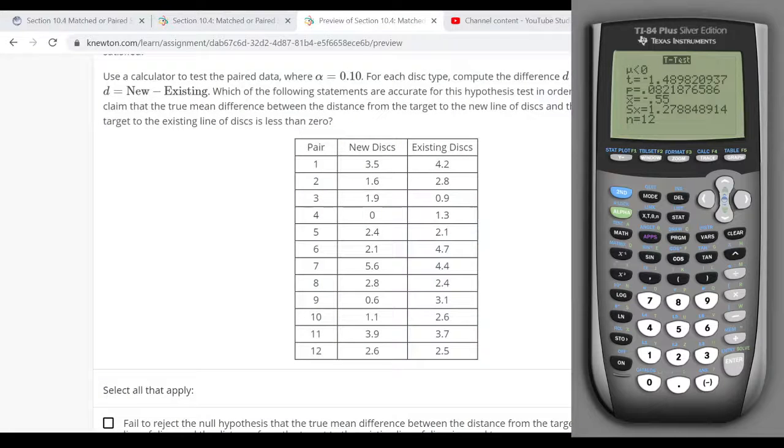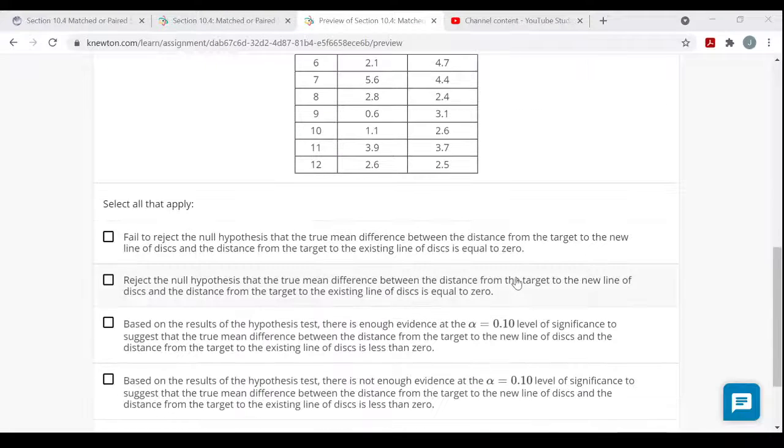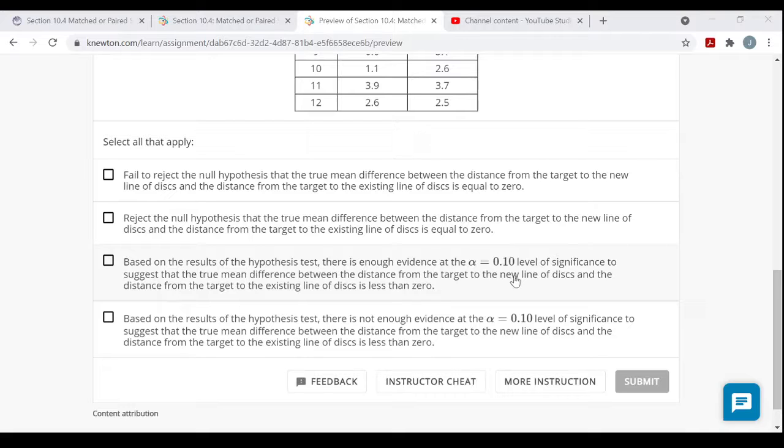All right. So back here, after punching them in the calculator, doing that t-test with that list of differences, we're going to reject. Now, you select all that apply. One of the first two. So remember, I reject the null hypothesis, and then which one is the proper conclusion?